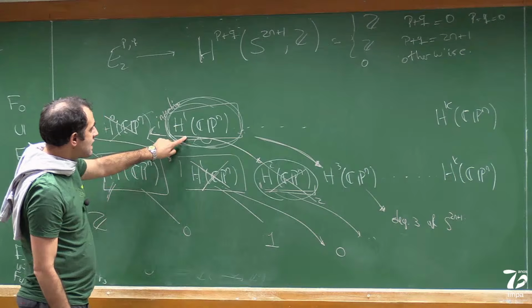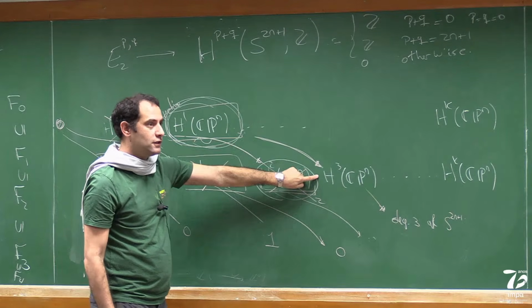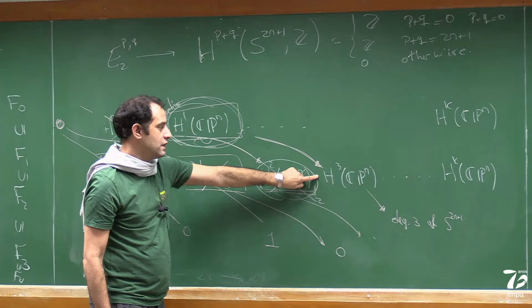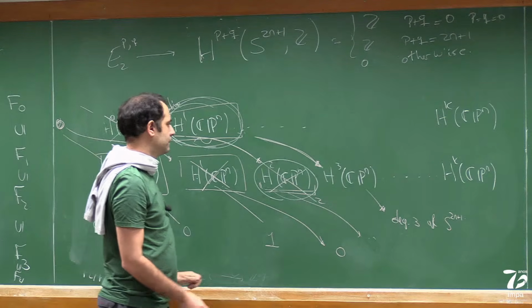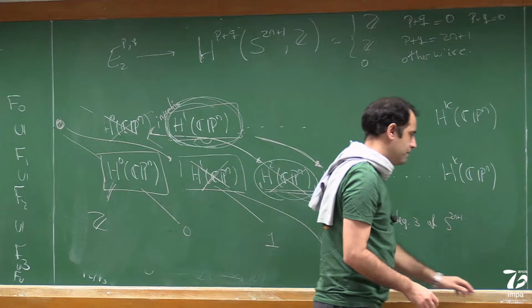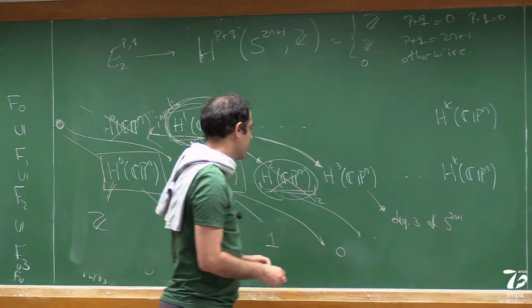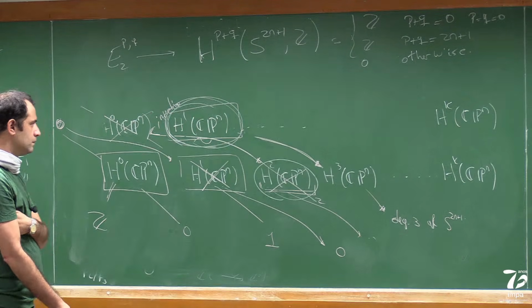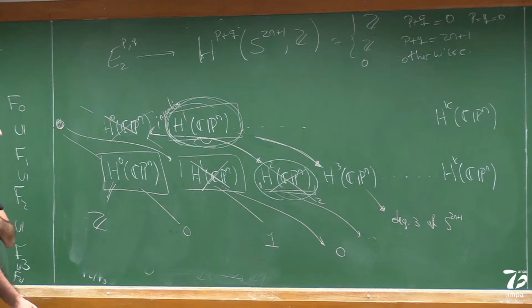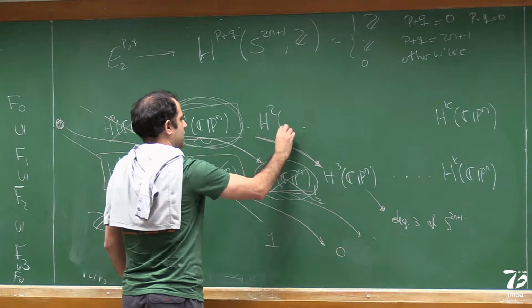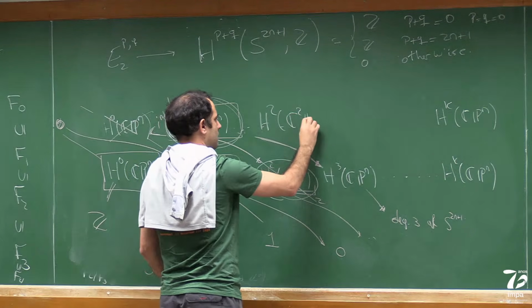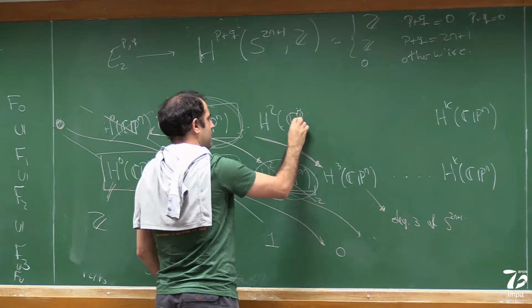So I claim that here I should have a non-trivial kernel in this map. So I have this CP^n.